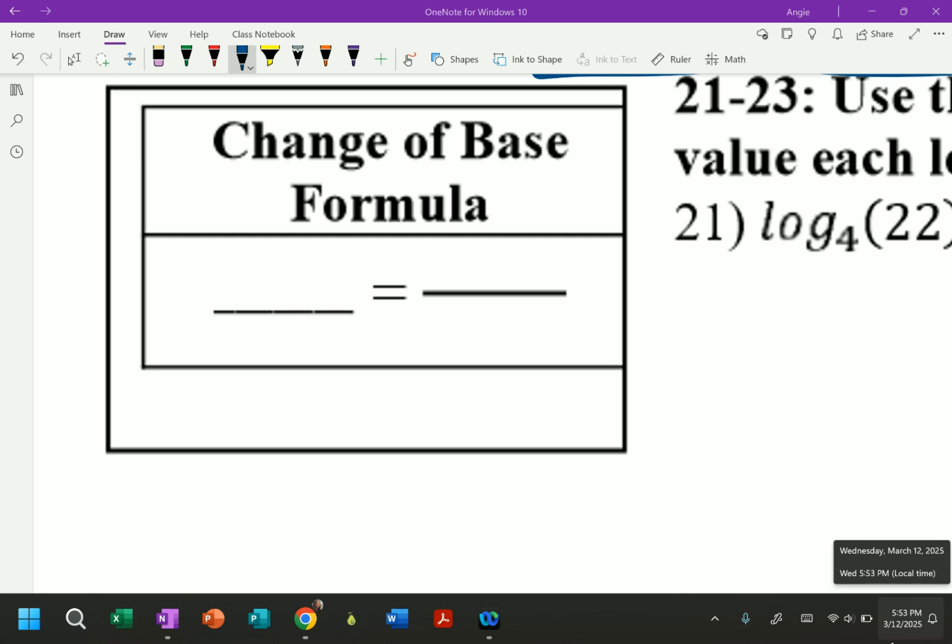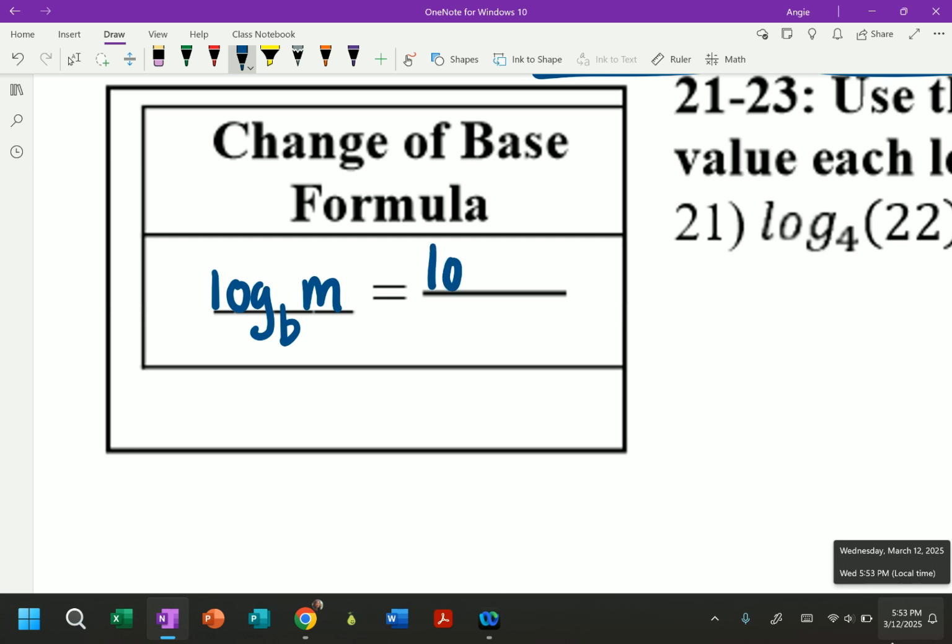So the change of base formula, students, is extremely important. So let's start with log base b, let's call it, of m. Now sometimes we can't use base b in the case of your calculator. It doesn't have any other numerical base except base 10.